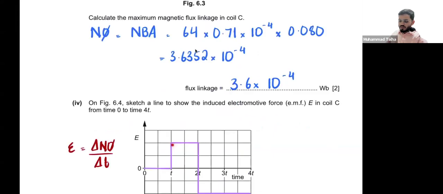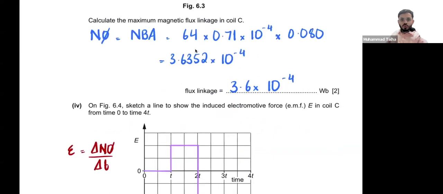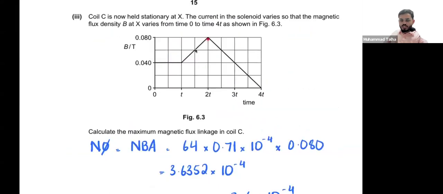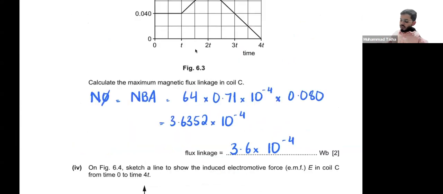So this is the positive constant from t to 2t, because that's the part during which this was rising. And then it's reducing from 2t to 4t. And if you look at the gradients, both of these gradients are equal. So they will give rise to equal magnitudes of EMF. But because this was an increase and this is a decrease, both of these EMFs will have different polarities. So I draw the same magnitude.